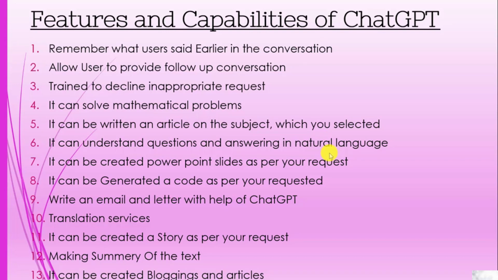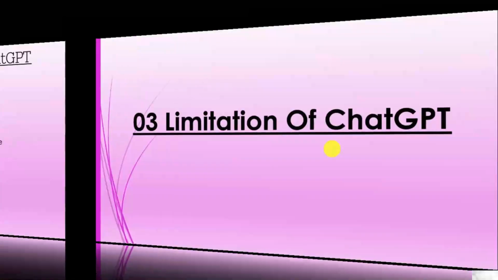It will write a summary on your behalf. The 13th capability is that it can create a blog article. It means that if you want to create a blog post, you can ask ChatGPT and it will give a full blog post. So these are the features and capabilities of ChatGPT.